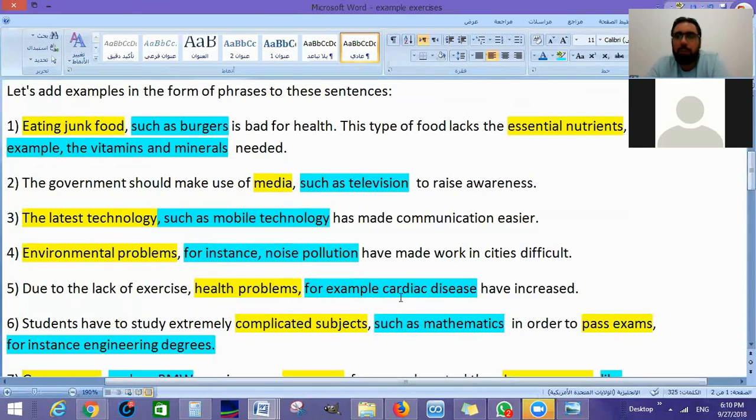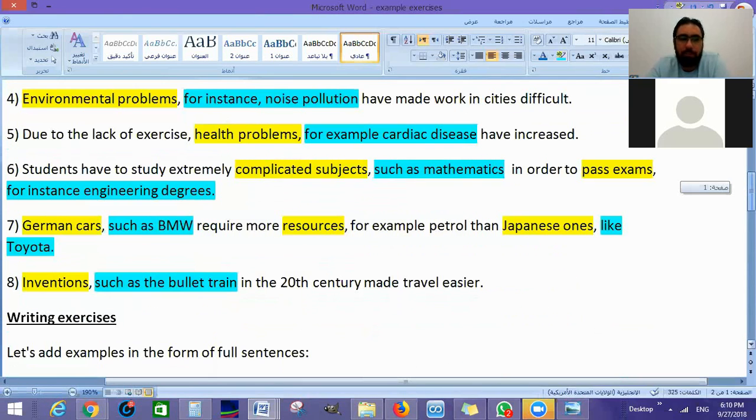What's the example of a complicated subject? What's the example of a German car? What's the example of resources? So it isn't that difficult. I don't know why people can't think of an example of things that they're writing in their supporting sentences. I think it's really simple to do.